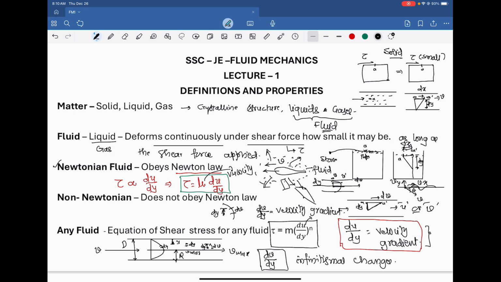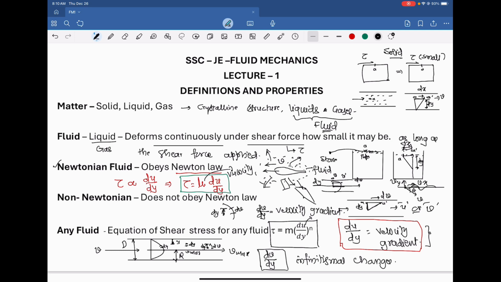Now, let us talk about non-Newtonian fluids. Non-Newtonian fluids are the fluids which do not obey Newton's law. Now, let us take any fluid, Newtonian or non-Newtonian. Some rule should be governing their movement.